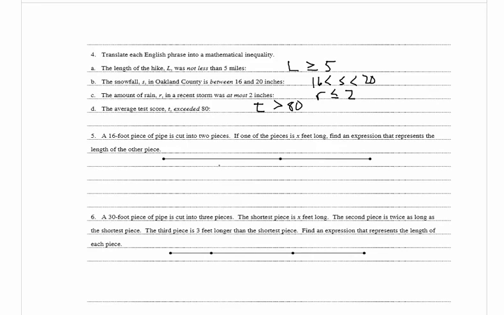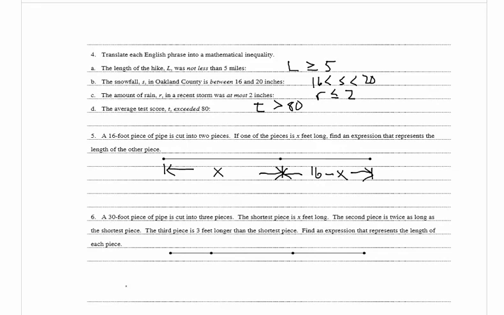So if the piece on the left is equal to x, and we know the total length is 16, then the second length is going to be 16 minus x.